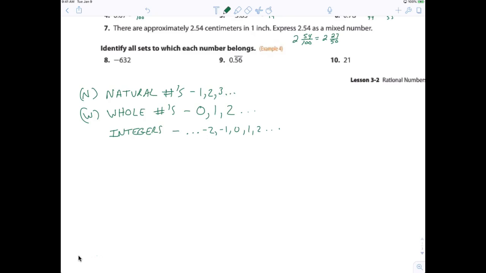And if n is natural and w is whole, obviously integers would be what letter? Very good. Z. Integers are abbreviated with a Z.